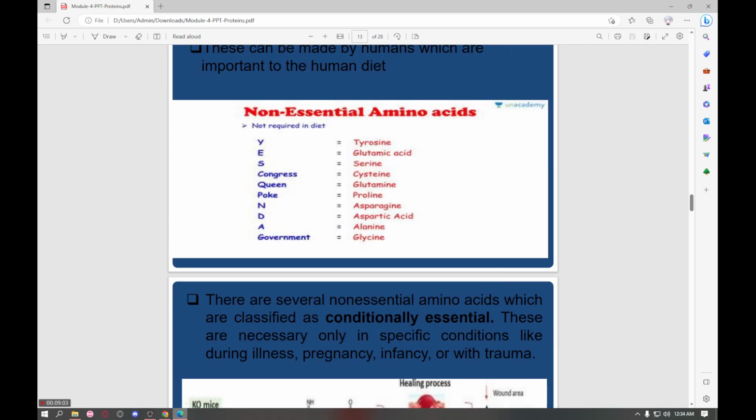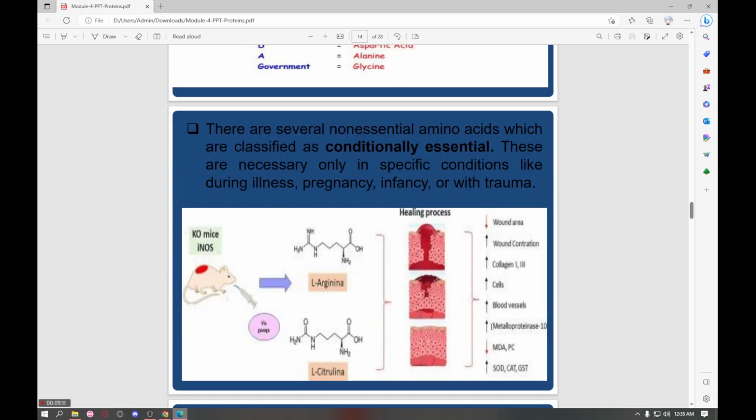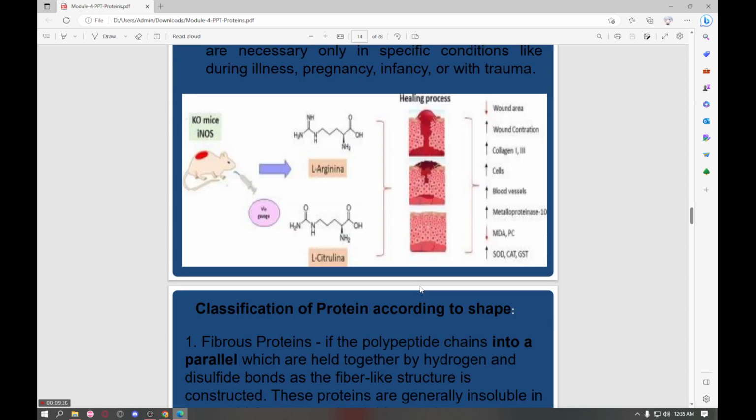Which means if they are necessary, they are produced by our body in order to neutralize or to maintain homeostasis. Like for example, during the healing process, if there is a wound, our body produces non-essential amino acids to speed up the healing process of our wounds.